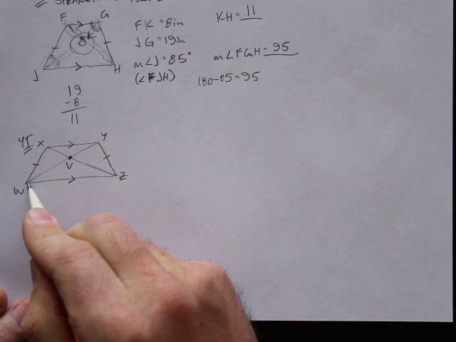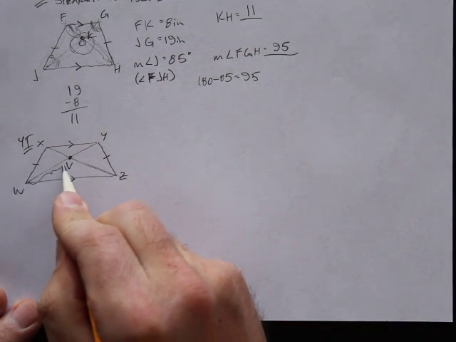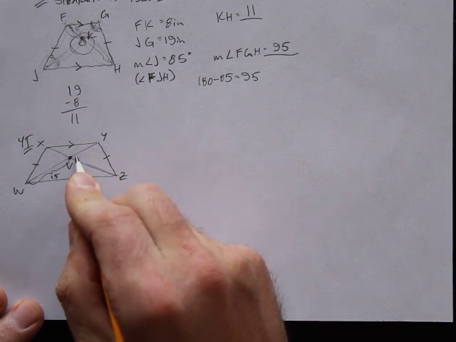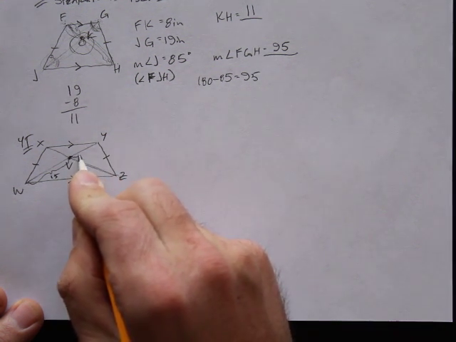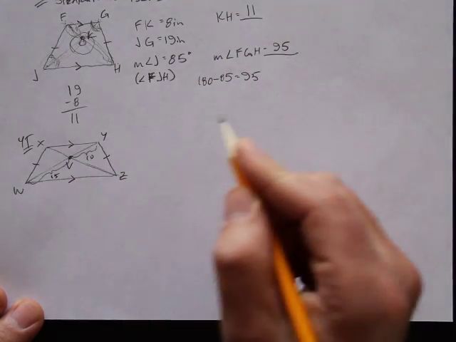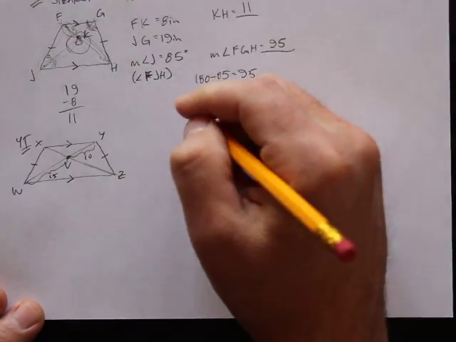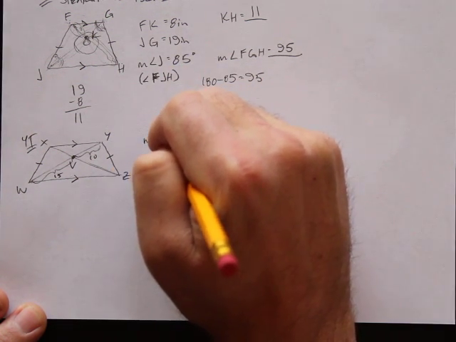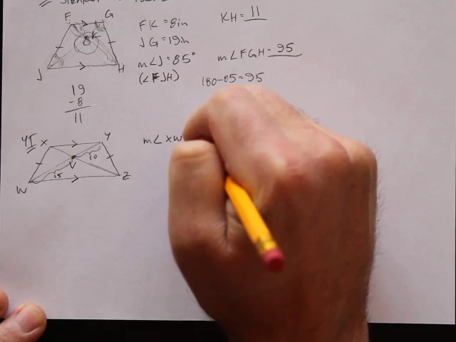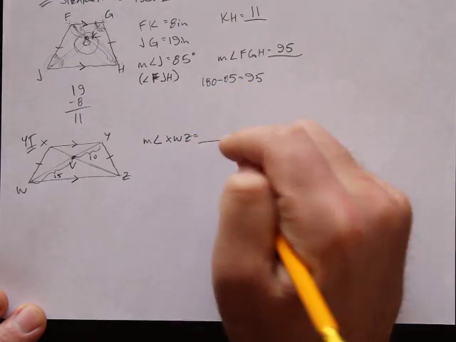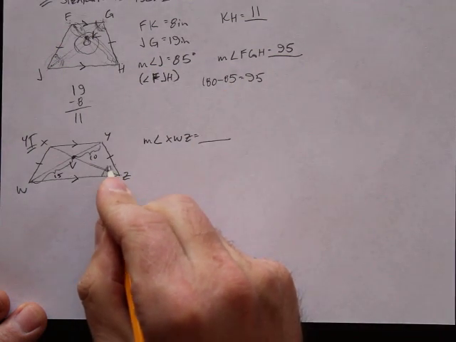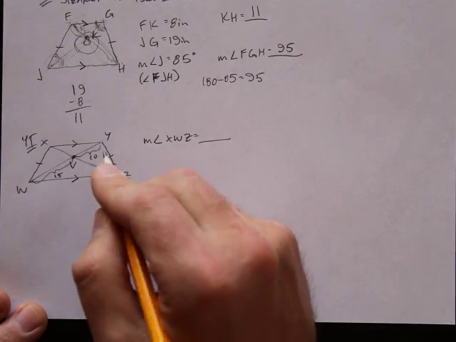Now, WV is 15, and VY is 10. Measure of angle XWZ is, oh, I don't know. I'm not telling you what it is. This angle here is 45 degrees.